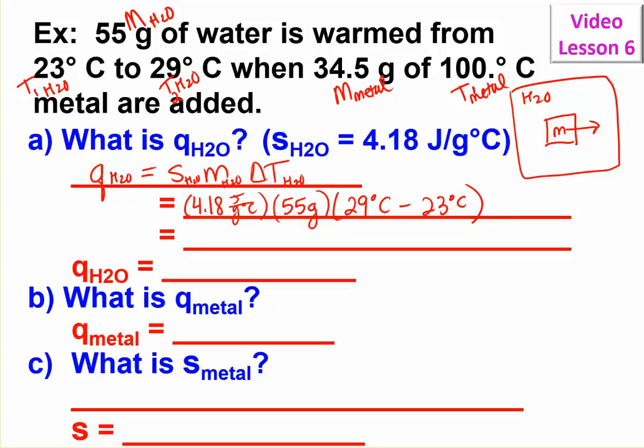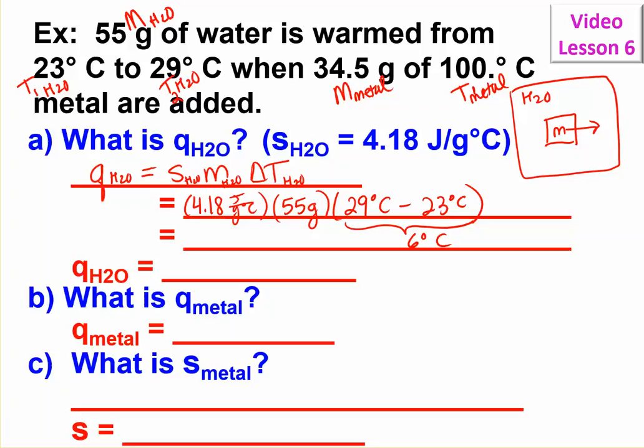Really watch for that, because in some problems we'll have kilojoules and some problems will have joules. So in this whole lesson you'll need to keep track of which one you're dealing with. Before I multiply this out in my calculator, I need to do this step. Always look at your delta T first and see what happens to your significant figures, because on this one, as in many, you're losing sig figs when you follow that subtract rule.